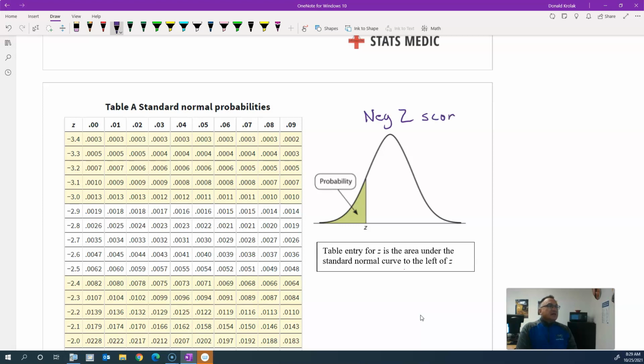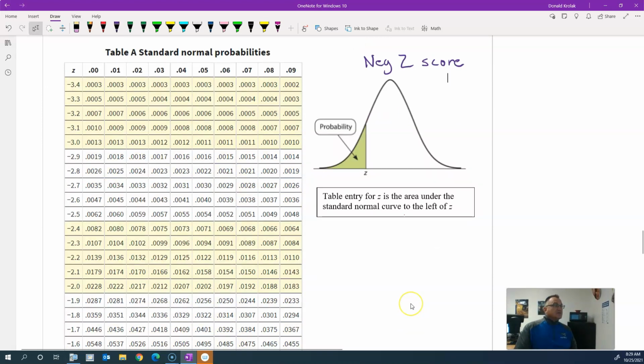Now what this table gives you is the area to the left of whatever z-score you're looking at. So let's say that z was equal to negative 1.52.